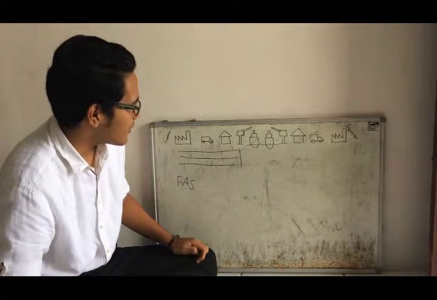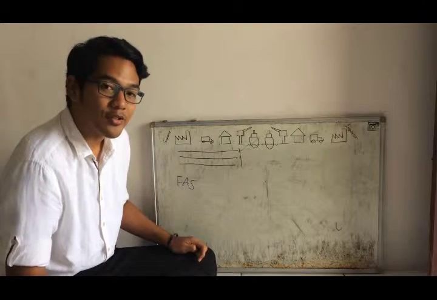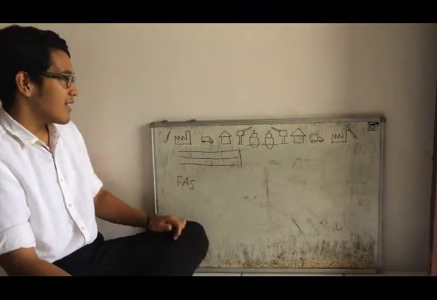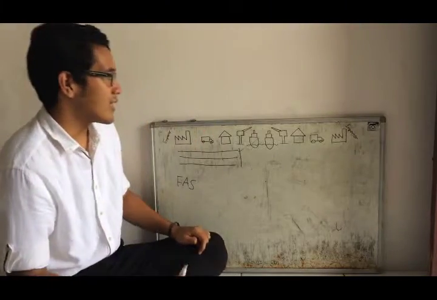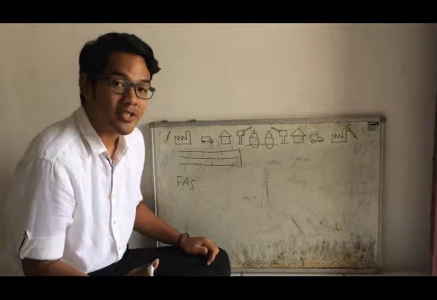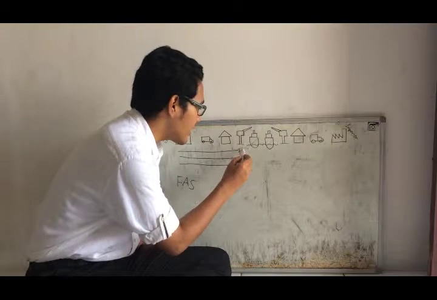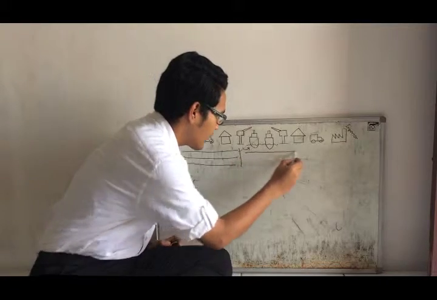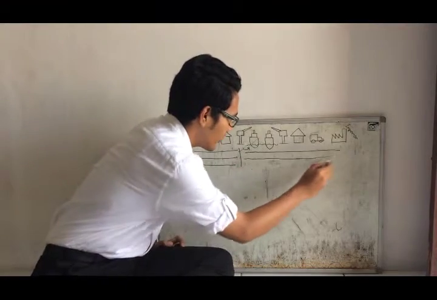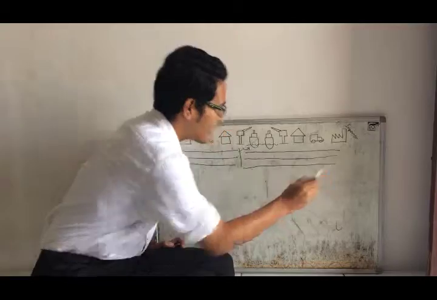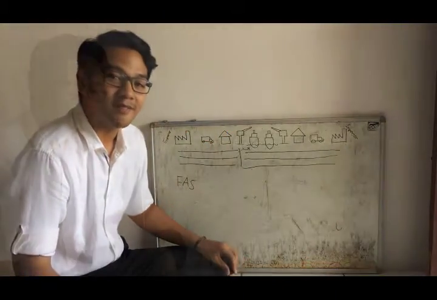The exporter has a responsibility to do the export clearance, and then the importer will take all of the risks, cost, and responsibility from the goods loading into the ship until the importer's warehouse.